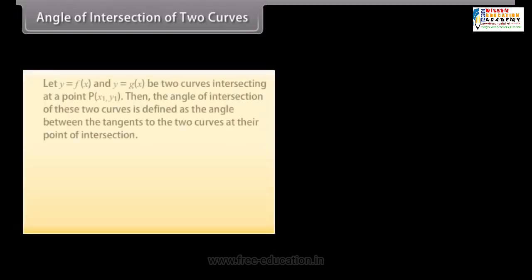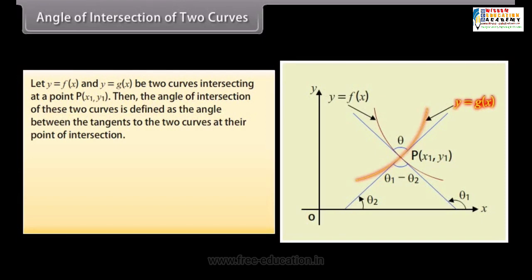Angle of intersection of two curves. Let y = f(x) and y = g(x) be two curves intersecting at a point P(x1, y1). Then, the angle of intersection of these two curves is defined as the angle between the tangents of the two curves at their point of intersection.